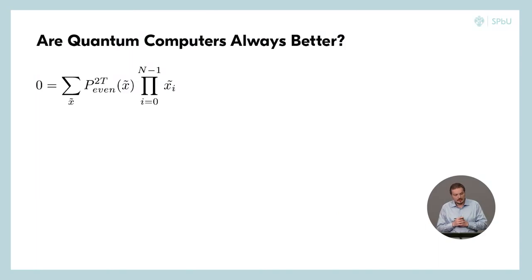Now, we already know that this sum is 0. Let's split it another way. Let's split it into even and odd functions.